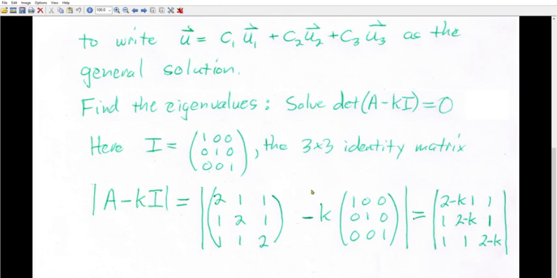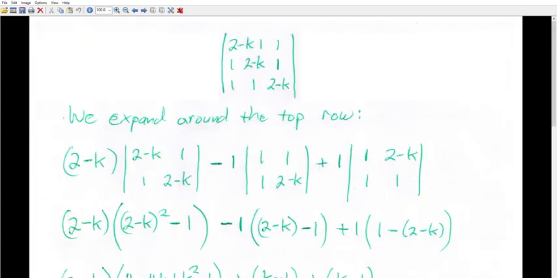Okay, so we have our coefficient matrix here, minus K times the identity matrix, and that gives us the determinant with 2 minus K on the main diagonal and 1's every place else. To evaluate the determinant, we need to expand around a row or column. I'm going to choose the first row. It's not the only possible choice.